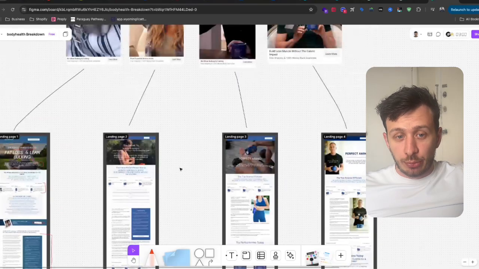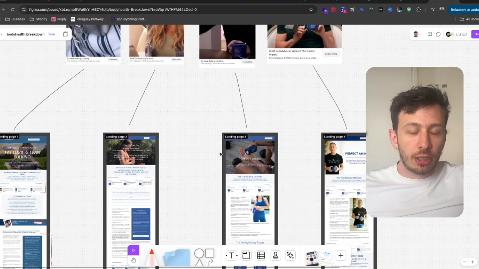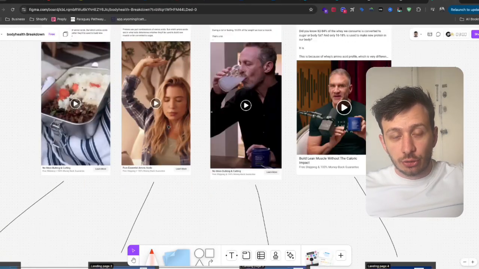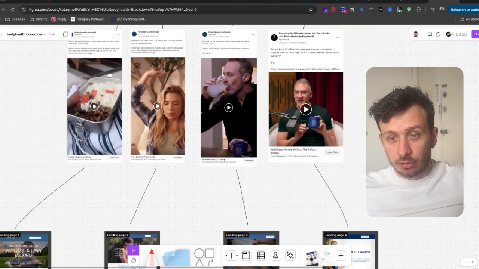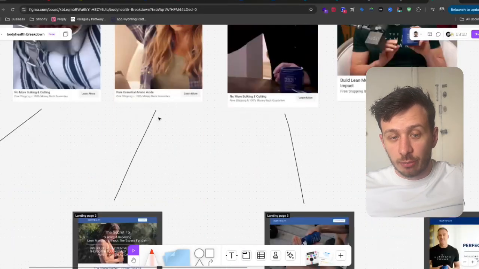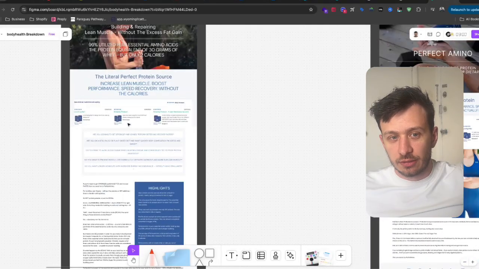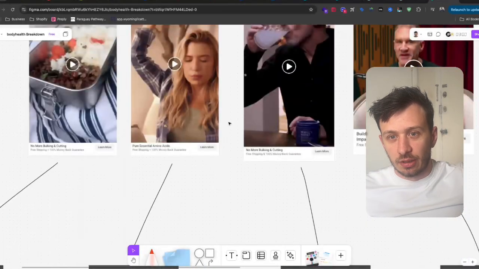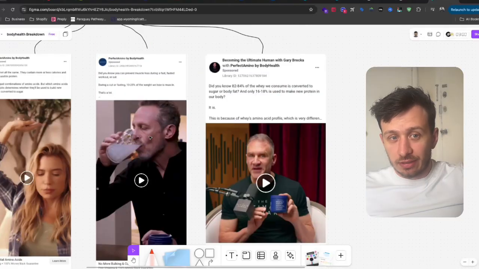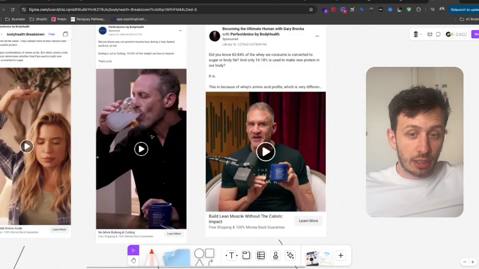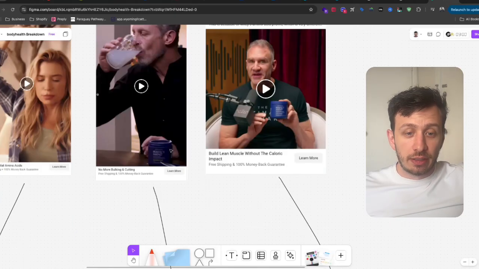The main thing that is important with the top section is the ad to landing page congruency. We can see here that we have some influencer who's actually talking about the product, and we see her again on this landing page talking more about the product. The same goes for this doctor right here, who's just using the product, which is a really high social proof thing that is happening.